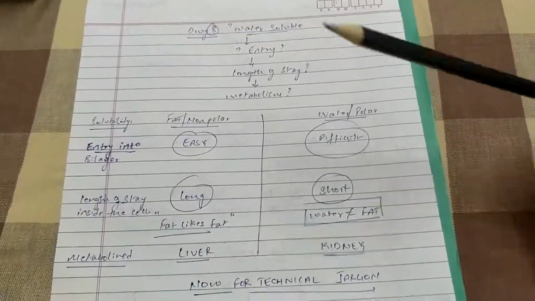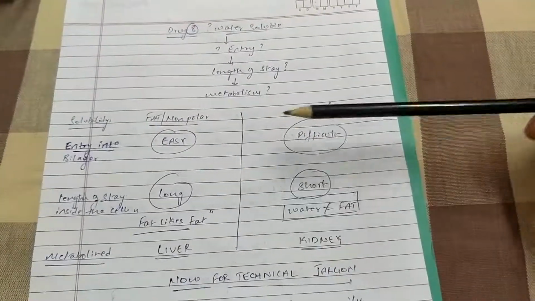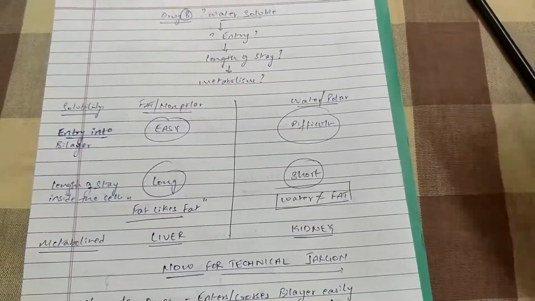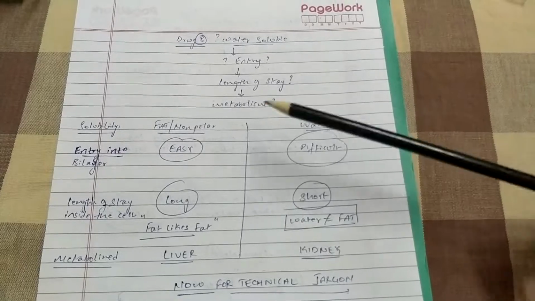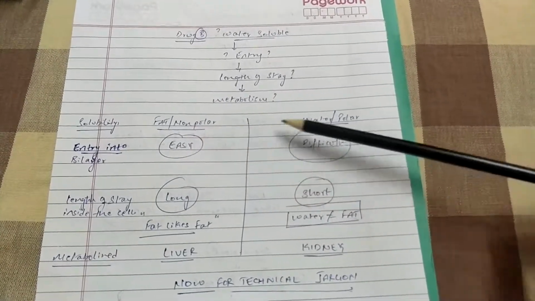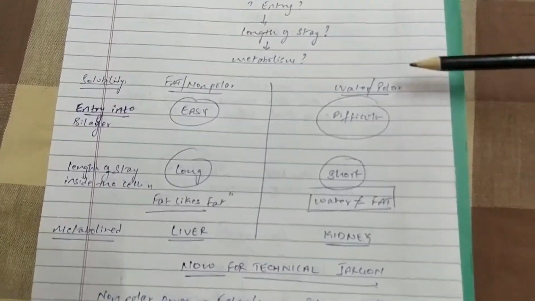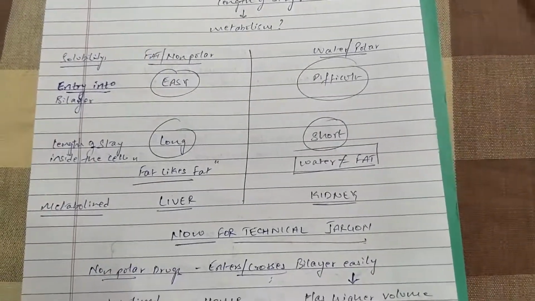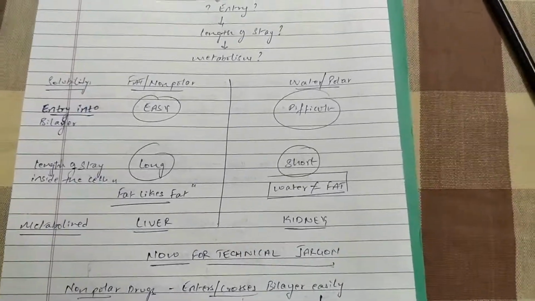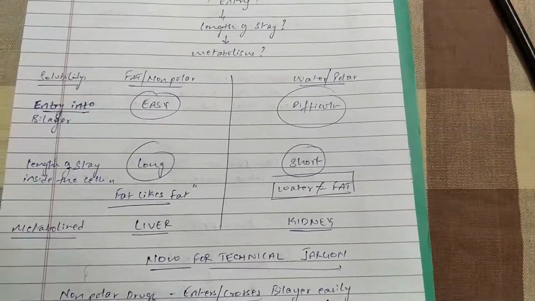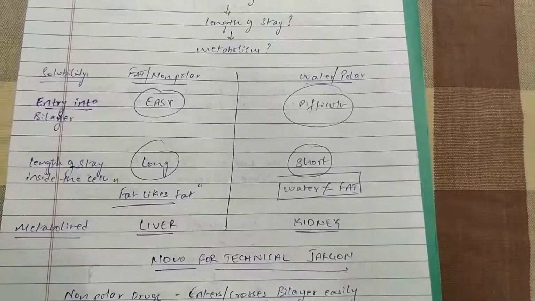To keep things clear, I have made a table for you so that you can summarize the entire talk and the concepts that we have discussed so far. Dividing the drugs into polar and non-polar: non-polar being fat soluble and polar being water soluble medication. Entry into the bilayer membrane of the cell is easy for fat soluble medications, but relatively difficult for water soluble medications.